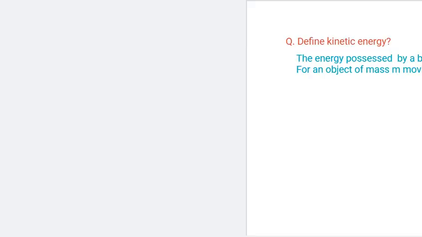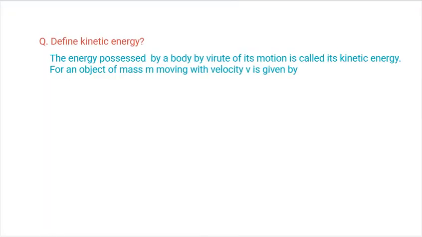So kinetic energy is the energy possessed by a body by virtue of its motion. If I want to write an expression for kinetic energy, we will consider an object which has a mass m moving with a velocity v. In that case, the kinetic energy of the body is (1/2)mv^2, where m is the mass of the body and v is the velocity.